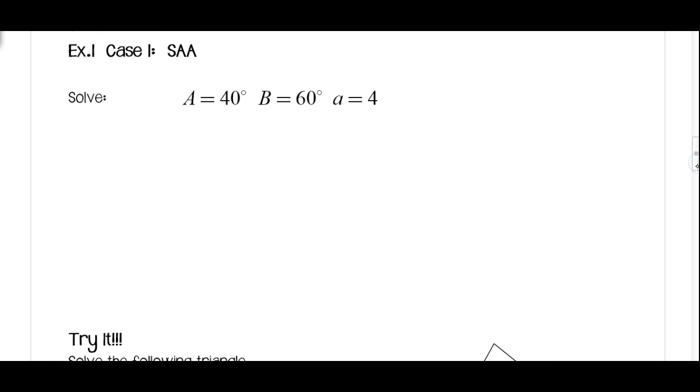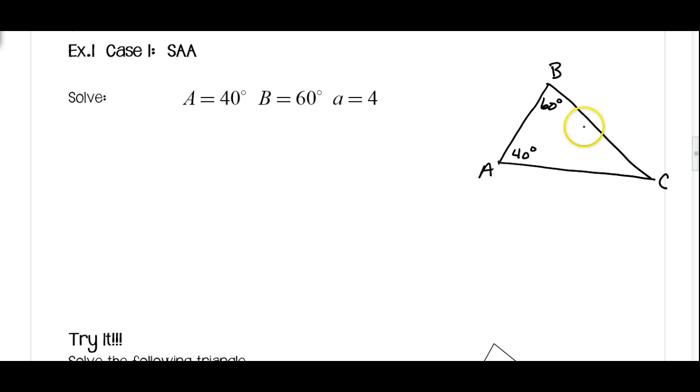We have a side angle case. Again, first step is always recommended that you draw a little picture. It really doesn't matter what it looks like. I'll usually draw the same triangle every time. So I've got ABC. I've got A is 40 degrees, B is 60 degrees, and side A, which is going to be opposite angle A, is going to be 4.